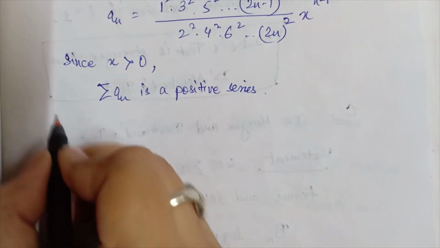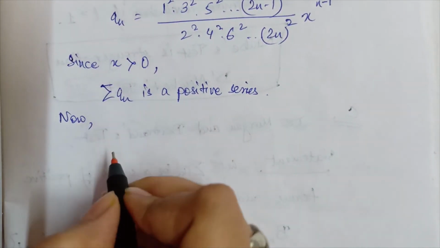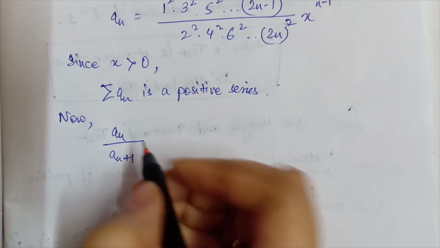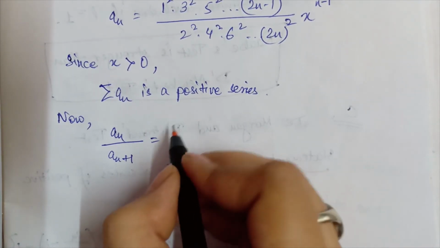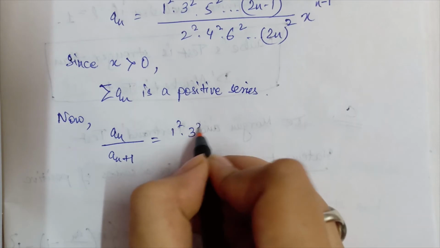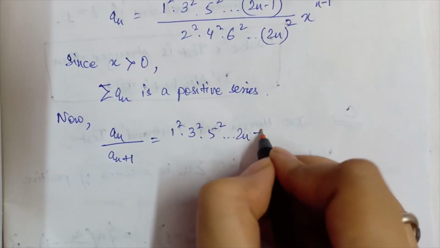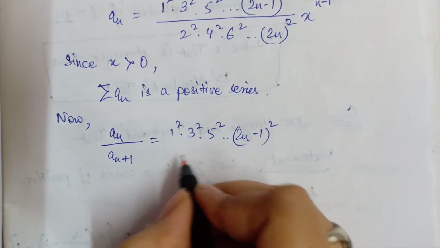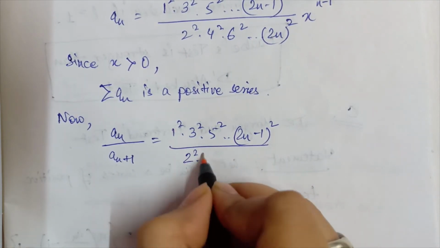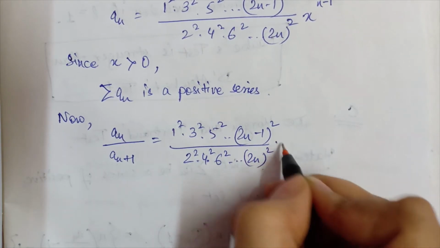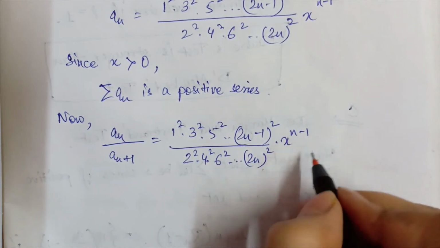Now, an by an plus 1 equals 1 square into 3 square into 5 square till 2n minus 1 whole square by 2 square into 4 square into 6 square till 2n square into x to the power n minus 1.